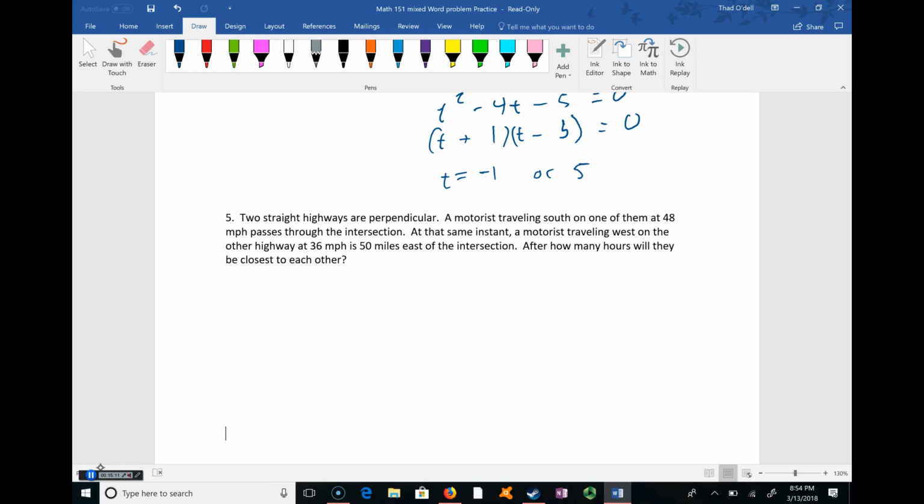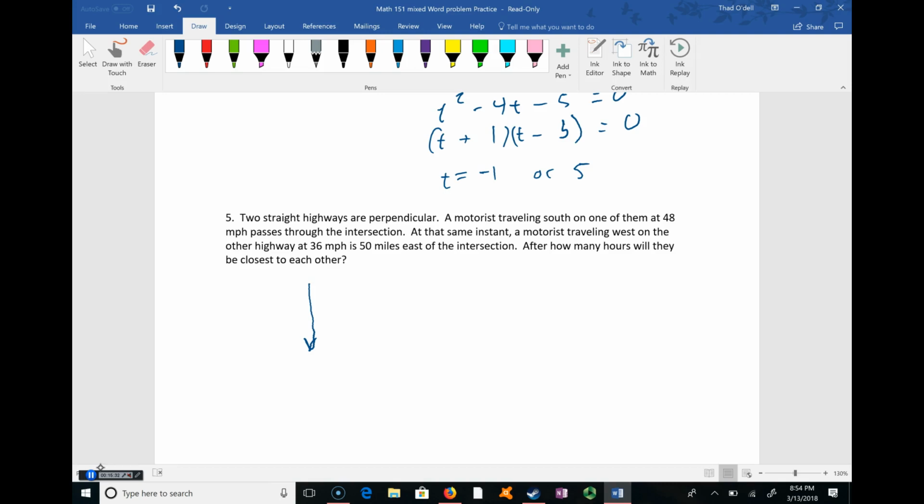A motorist traveling south on one of them at 48 miles per hour passes through the intersection. At the same instant, a motorist traveling west on the other highway at 36 miles per hour is 50 miles east of the intersection.